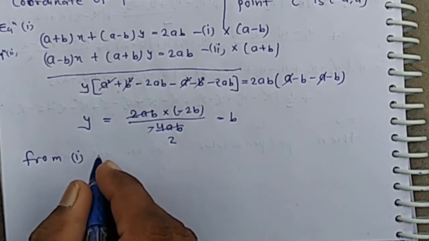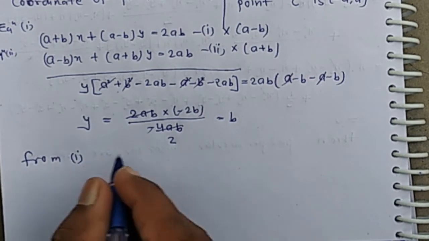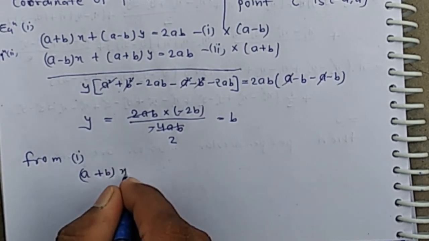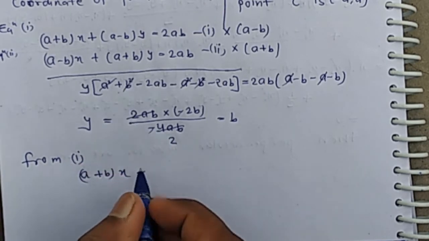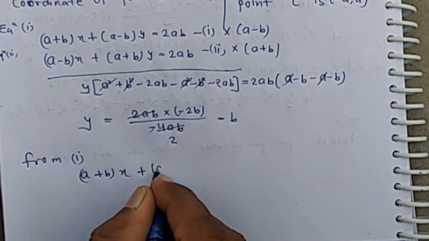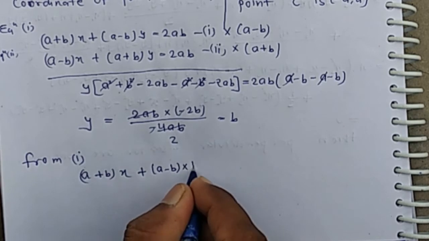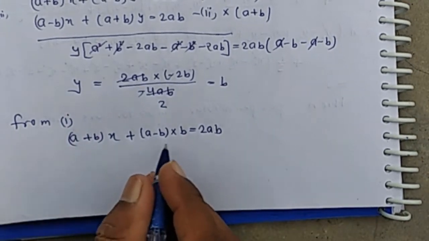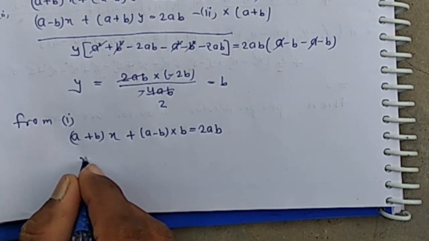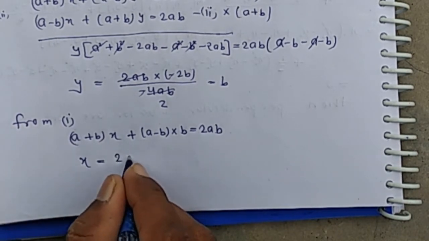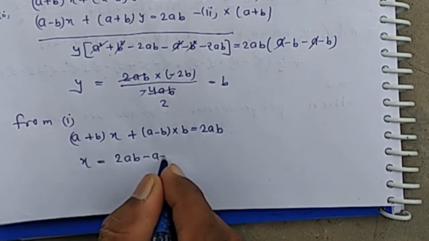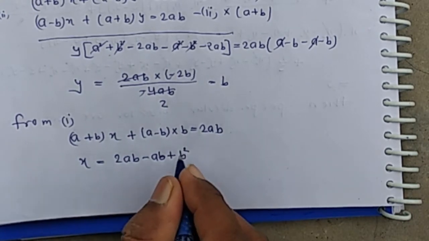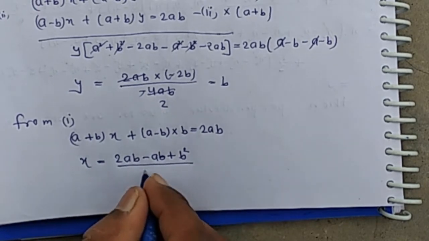Put y equal b in the first equation. We have (a plus b)x plus (a minus b) into b equal 2ab. Then x equals (2ab minus ab plus b square) by (a plus b).